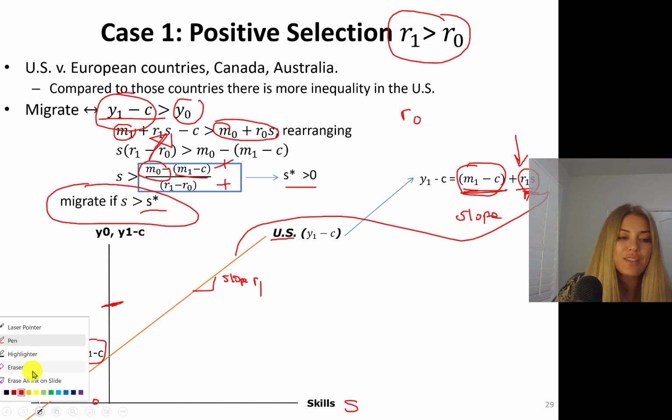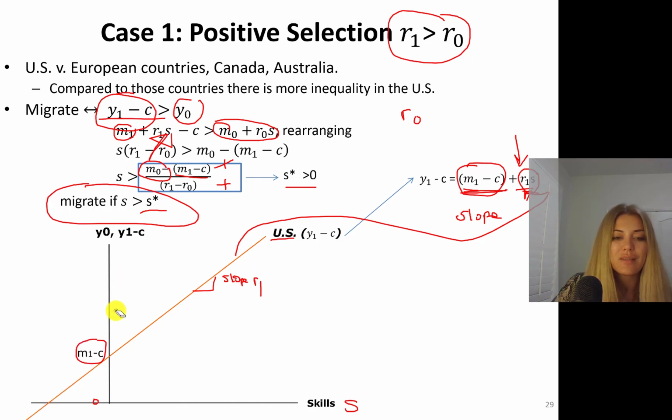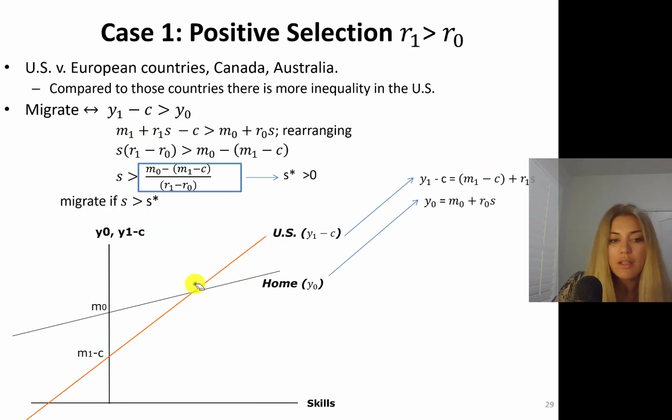So this is your return if you stayed at home, M0 plus R0S. I'm tracing it imperfectly.